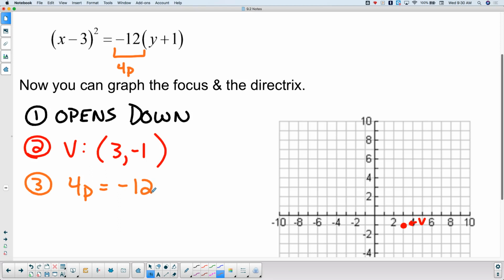Right? Which means that p is equal to what? -3? Do we agree with p being -3?